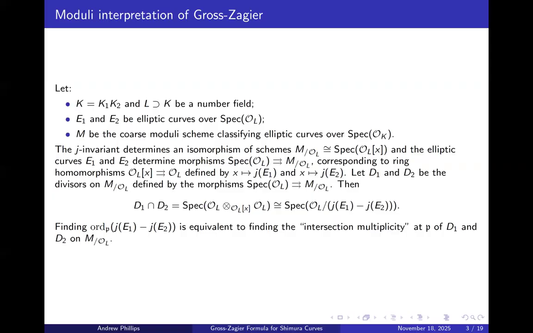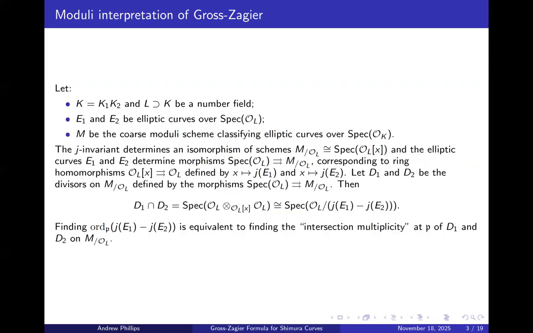Then for these 2 elliptic curves, we get OL-valued points of this M, and you can view that as 2 morphisms from spec OL to M. The subscript /OL just means base extension from OK to OL. So spec OK is our base scheme here, and then we base extend to some larger field.